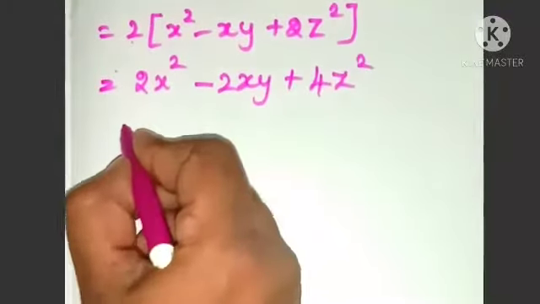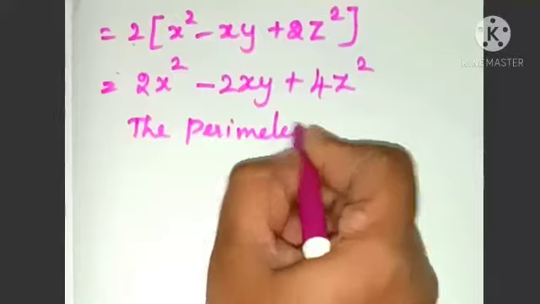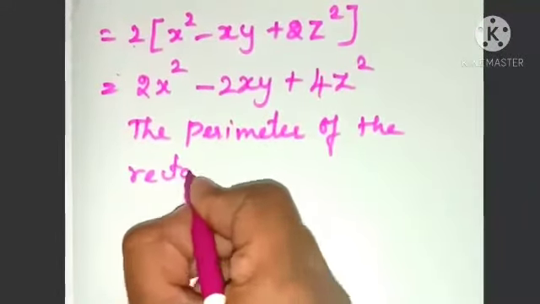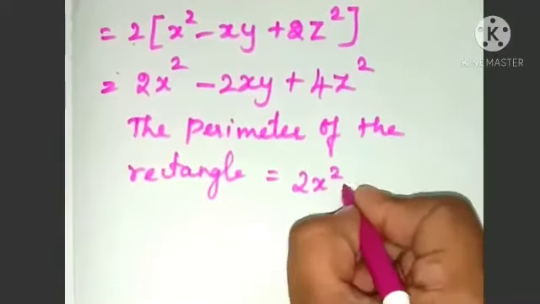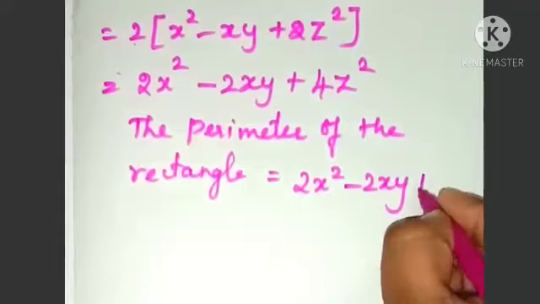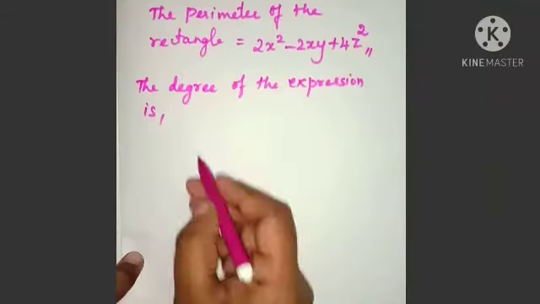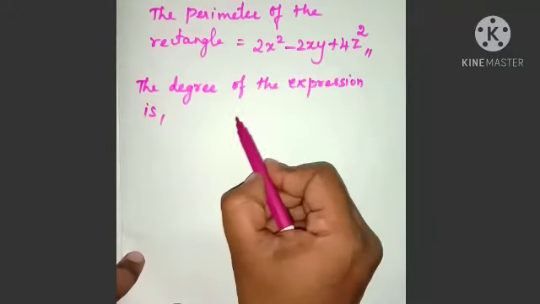So the perimeter of the rectangle is 2x squared minus 2xy plus 4z squared. Now what will be the degree of the expression?